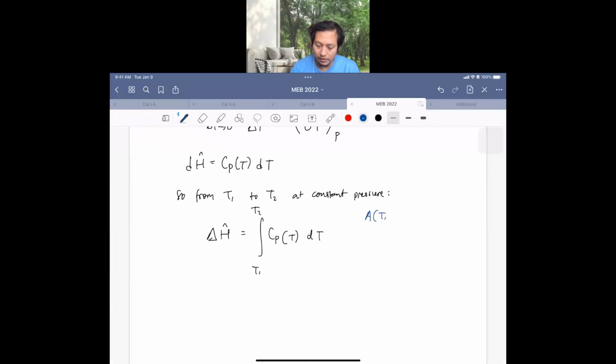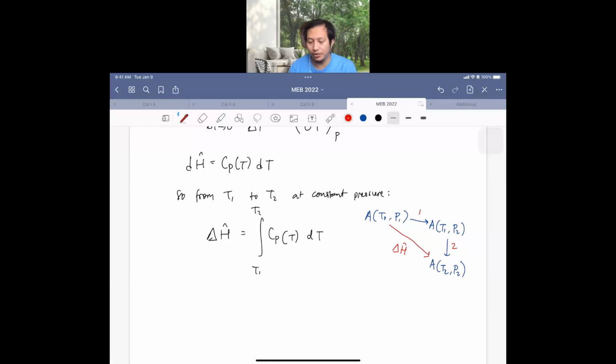And we can also construct the path that we are going to work on. So this is T1 and then P1. Imagine that we change to P2, and then T1, T2 and then P2, and this is the delta H. So we may construct a two-step process path, like the delta U that we had in the previous section.